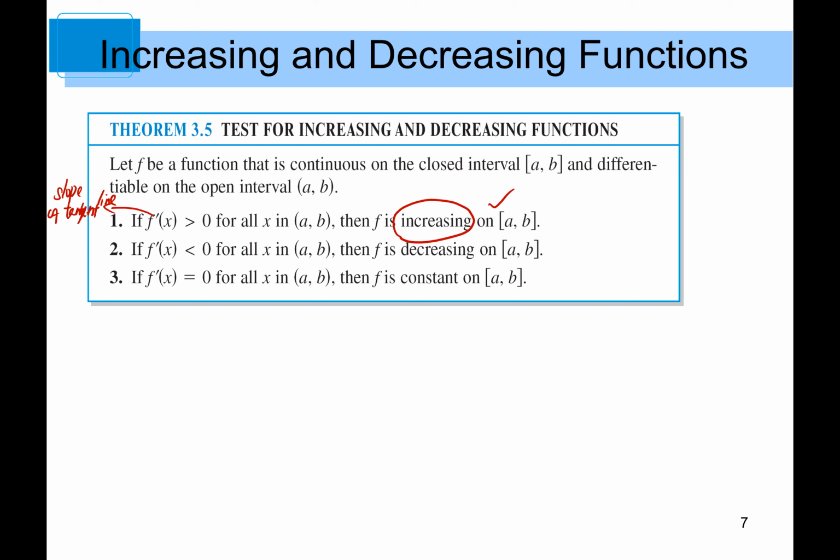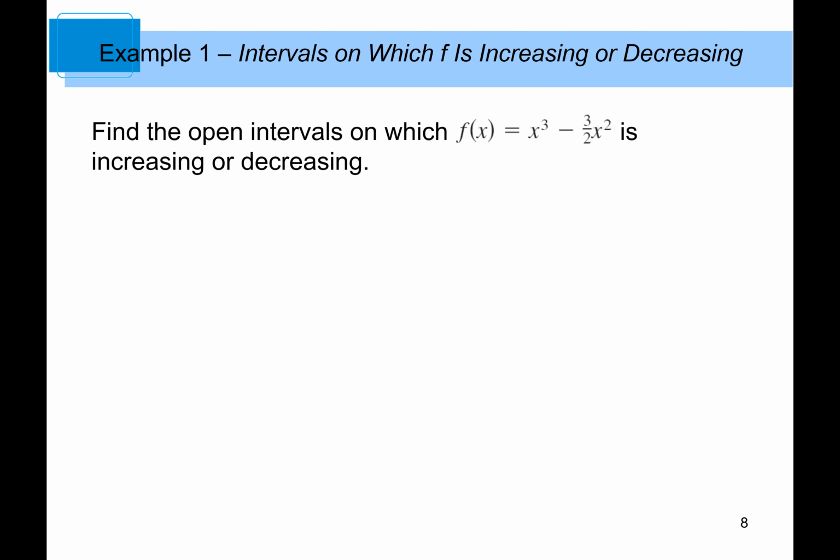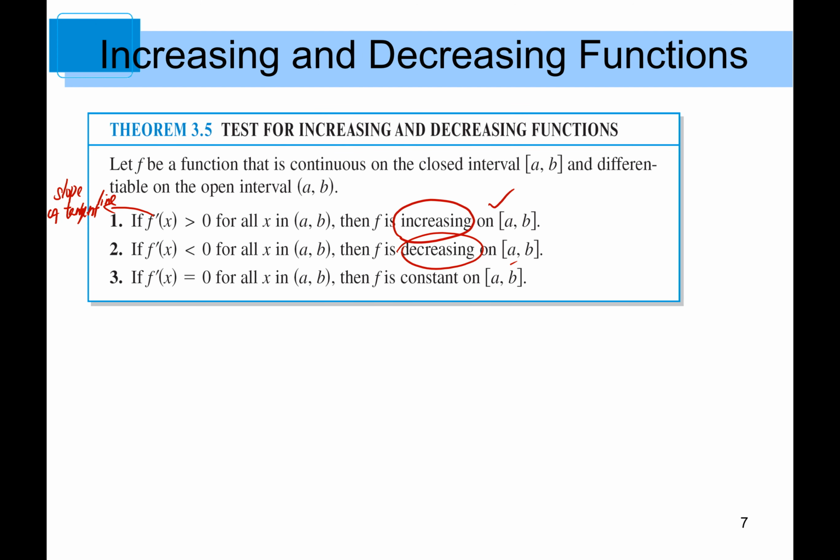If the slope of the tangent line is less than 0 for all x in a comma b, then f is decreasing on the closed interval a comma b. If the slope of the tangent line equals 0 for all x in a comma b, then the function f is constant on the closed interval a comma b.